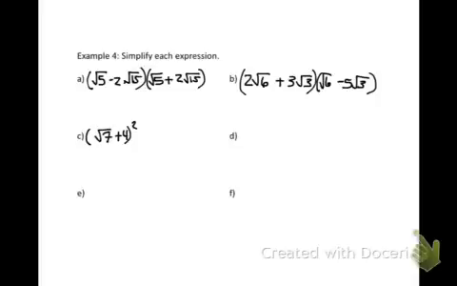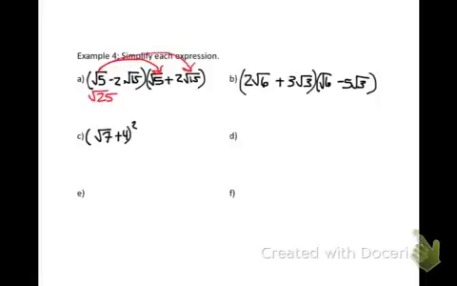Okay, so this next part, example 4, is kind of like FOIL. We did FOIL before, so we're going to do FOIL again. That's chapter 9 if you forgot how to do it. So we have first, so it's going to be square root of 5 times square root of 5, which is square root of 25.